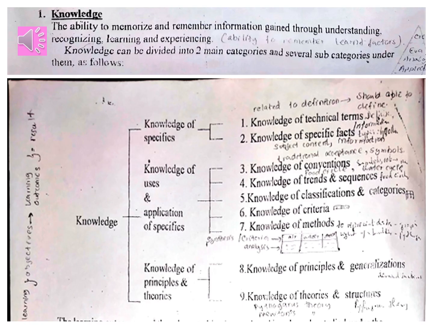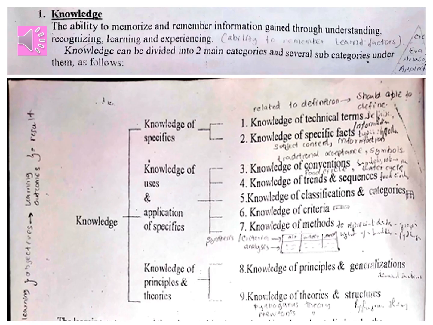Knowledge is the ability to memorize and remember information gained through understanding, recognizing, learning, and experiencing. Four things. Underline that. You memorize things and you should be able to remember them also.